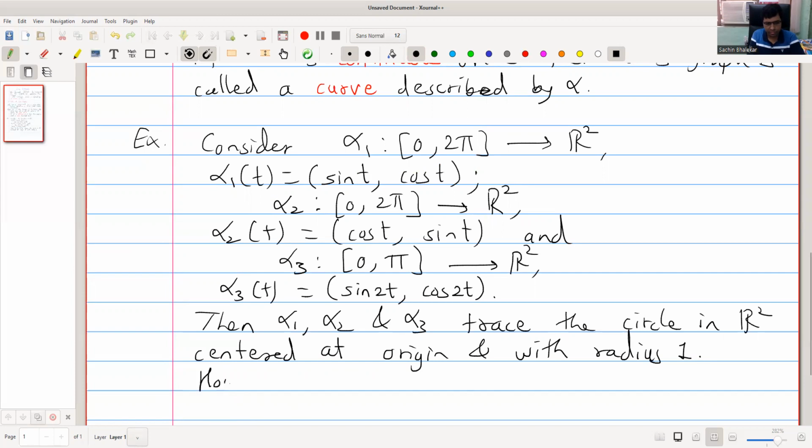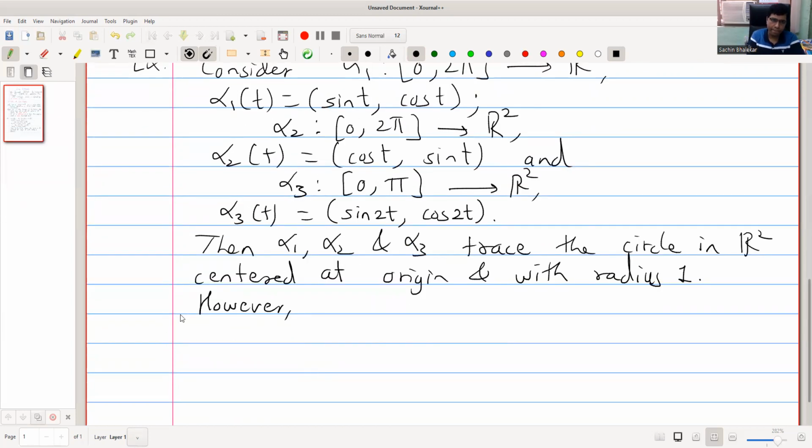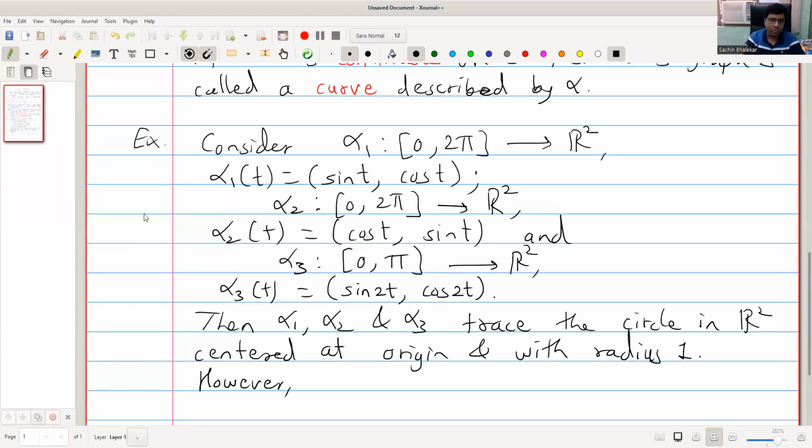However, we have some observations. First thing is orientation. About alpha 1 and alpha 2, we can see that the orientation of alpha 1 and alpha 2 is different. For example, if we put t equal to 0, then the point on alpha 1 is sine 0, cos 0, that is (0, 1).